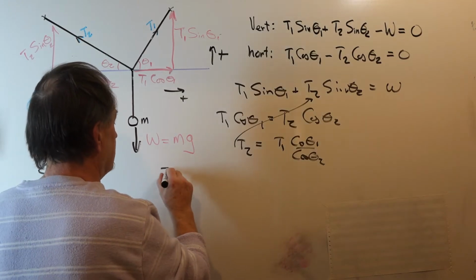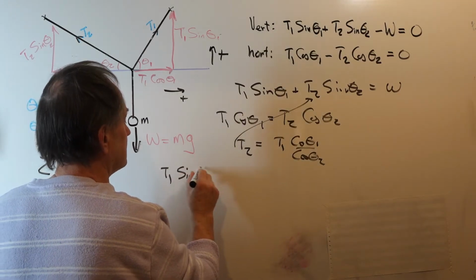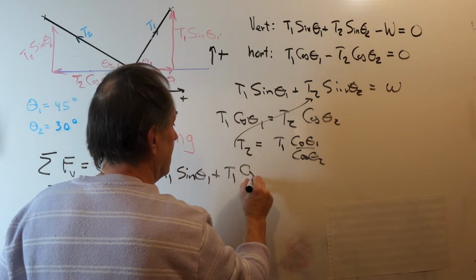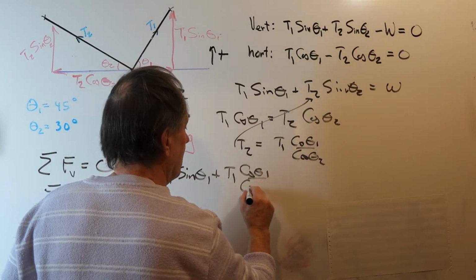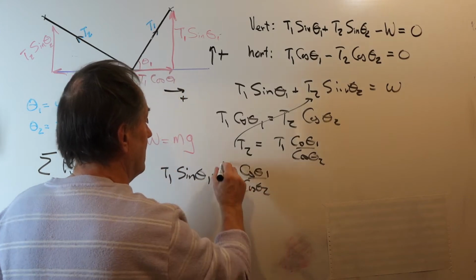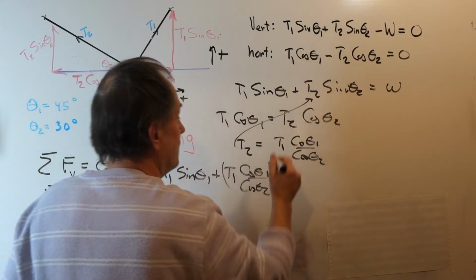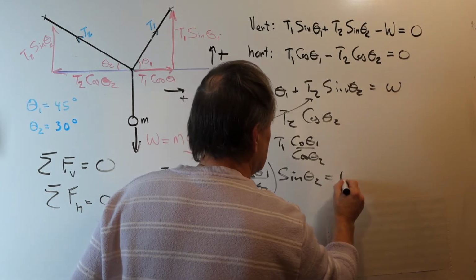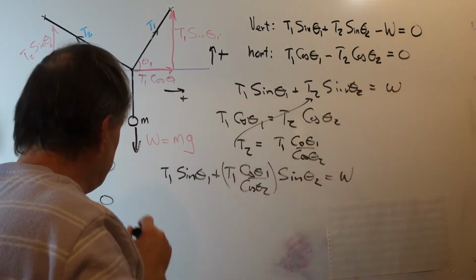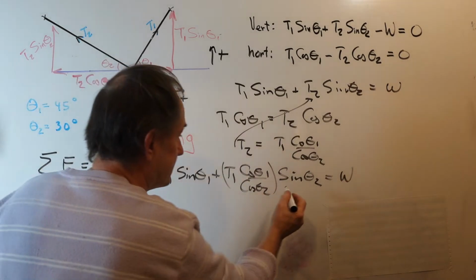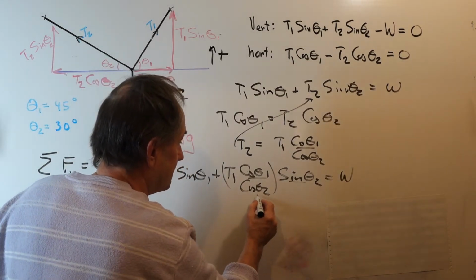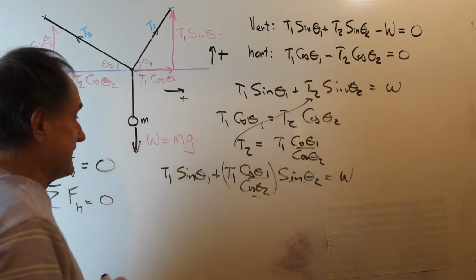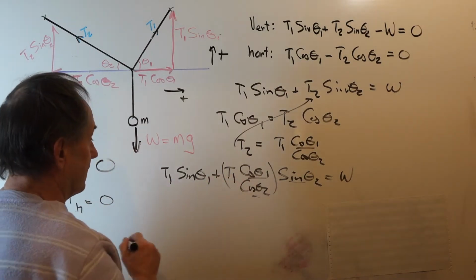So we end up with T1 sine theta 1 plus T2, which is T1 cosine theta 1 over cosine theta 2, times the sine of theta 2, and that is equal to the weight W. Now we notice that we have sine theta 2 and cosine theta 2, so sine divided by cosine is tangent, and we can factor out a T1.